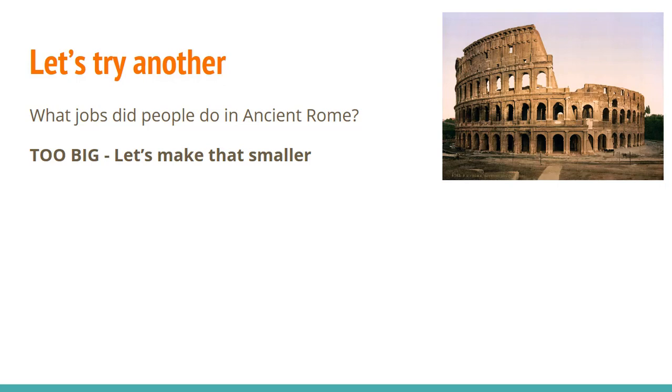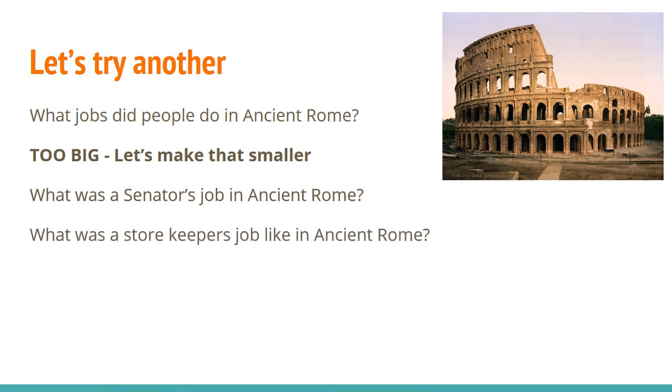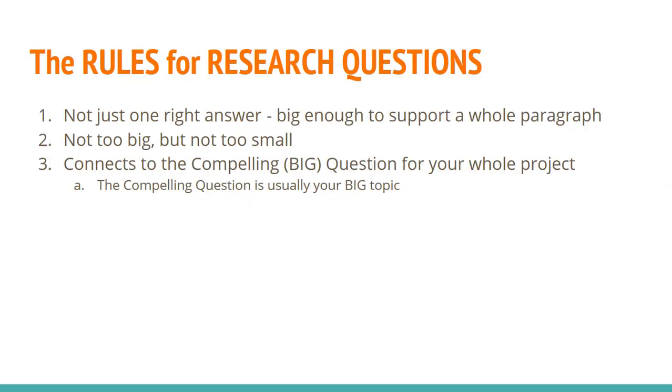There's so many, that's just way too big. So you'd have to make it smaller and be more specific. Maybe what was a senator's job in ancient Rome? Or what was a storekeeper's job like in ancient Rome? You'd have to really narrow it down to make it a little smaller in order to make one paragraph of writing on it.